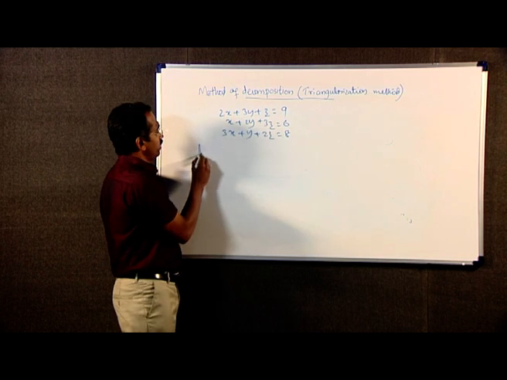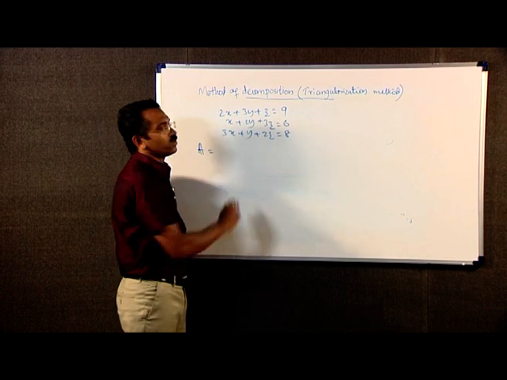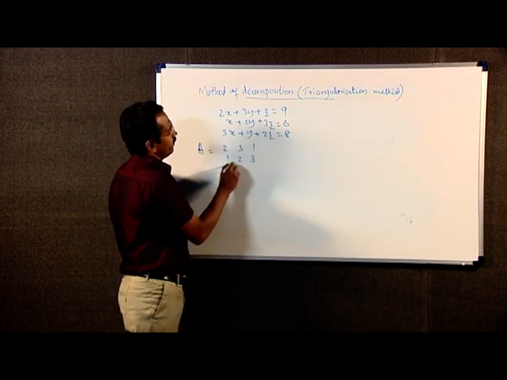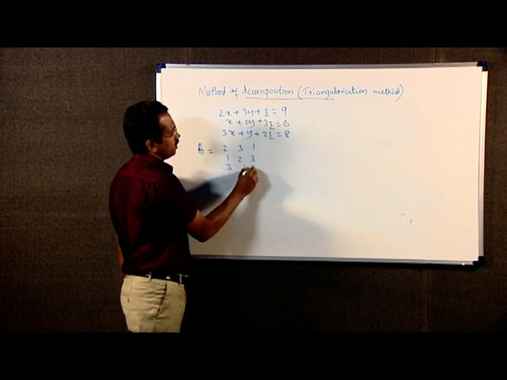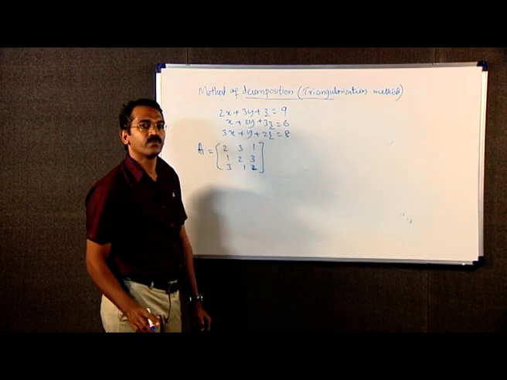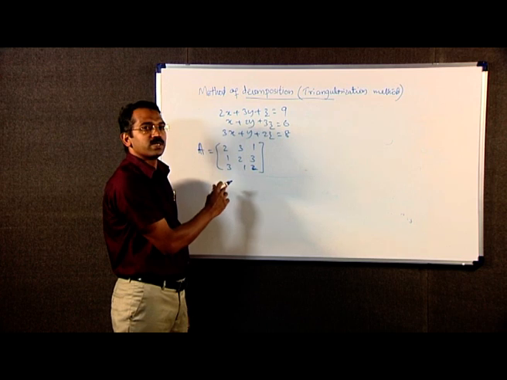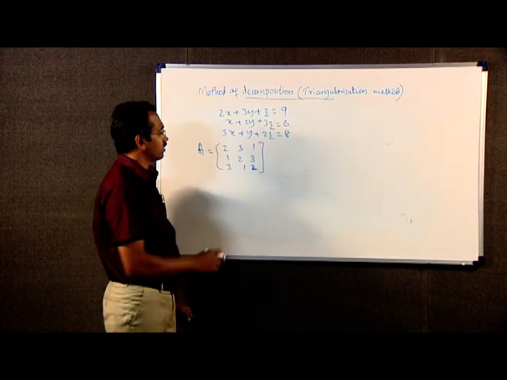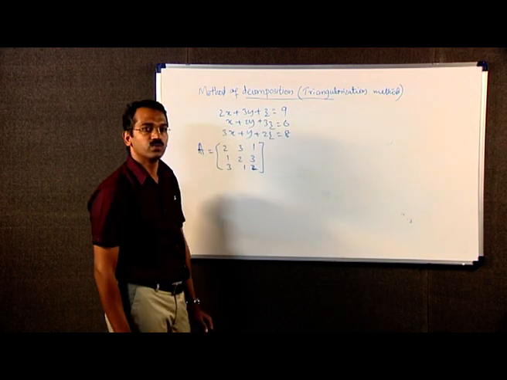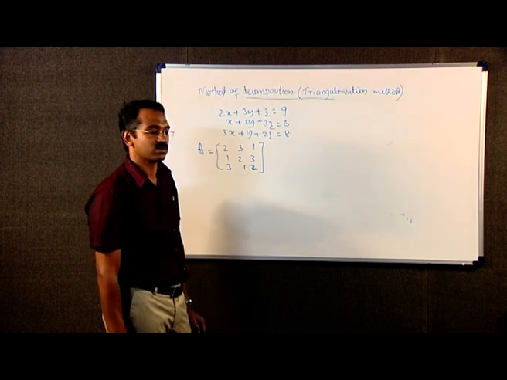Here we have the coefficient matrix A equal to 2 3 1, 1 2 3, 3 1 2. This is the coefficient matrix. Let us assume A is equal to LU, where L is the lower triangular matrix and U is the upper triangular matrix.